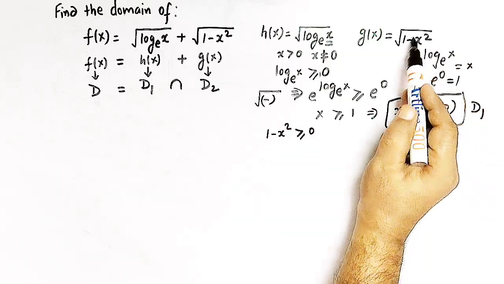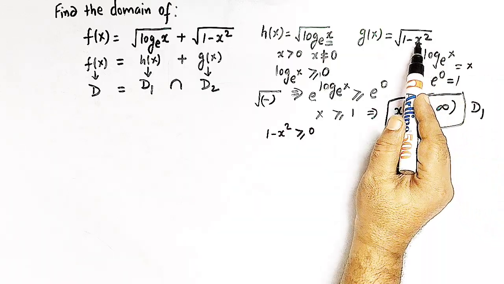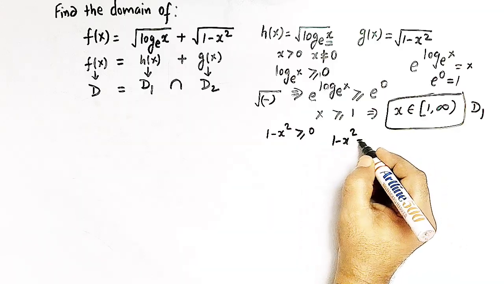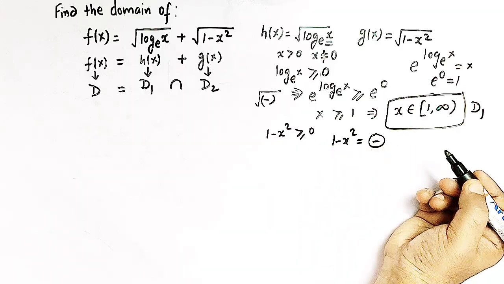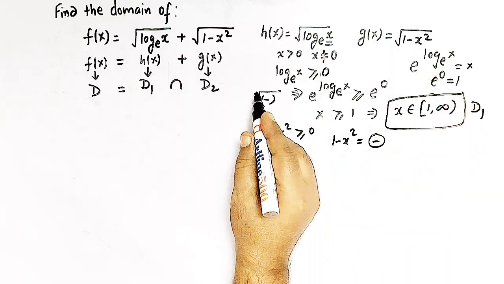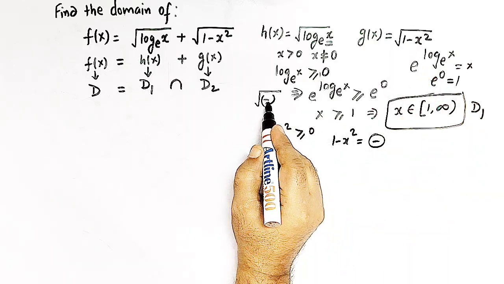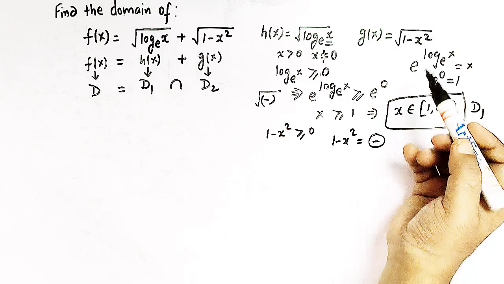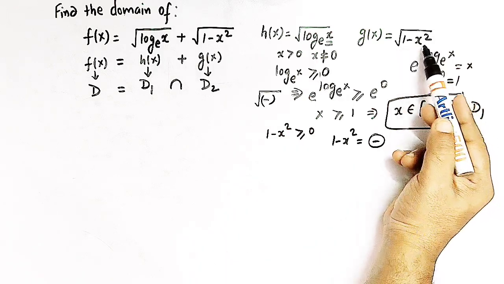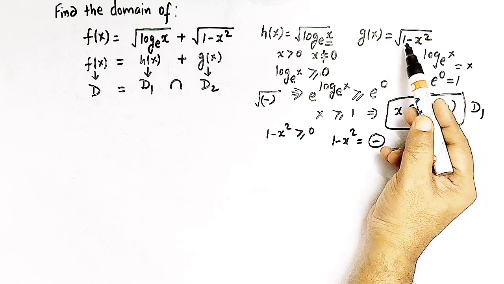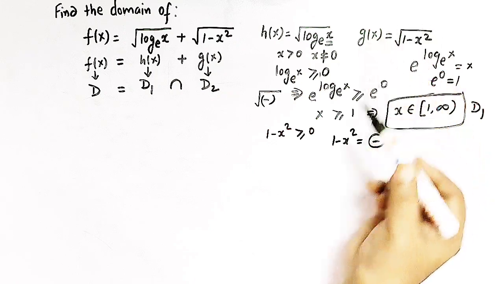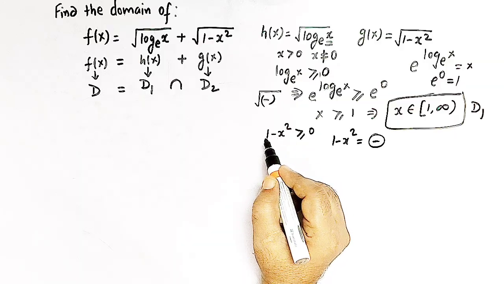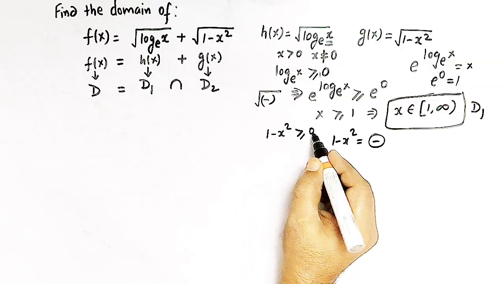So here we cannot accept those values of x which makes 1 minus x square equal to some negative number, because if we have square root of some negative number, then it belongs to the set of complex numbers, and here we are dealing with the set of real numbers, right? So the domain of this function g of x is defined for all values of x for which 1 minus x square is greater than or equal to 0.